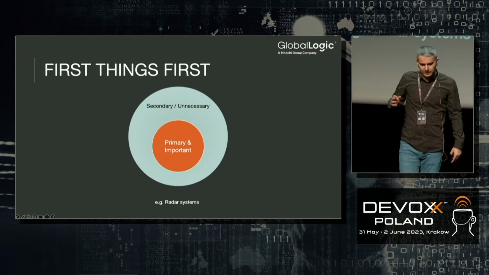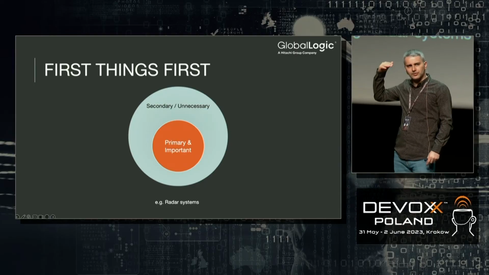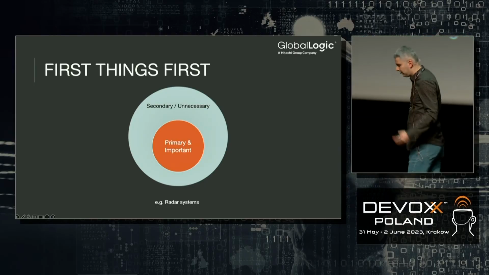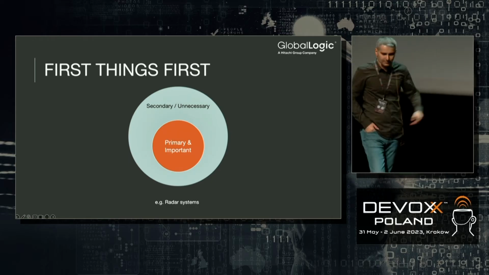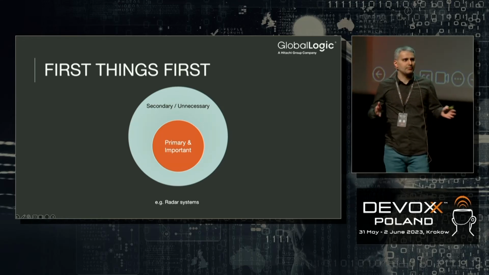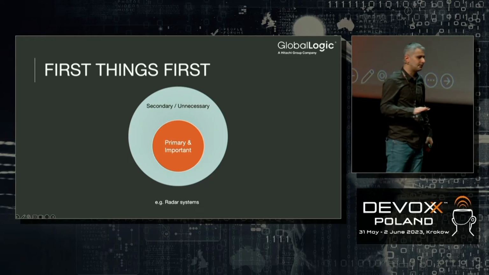First things first, it's more about what we concentrate on. We already spoke about dominant functions, similar things, but what does first things first say? The pattern says, for example, radar systems. A radar system is embedded hardware, and there is a limit of memory for processing. I'm not a radar expert, but I know that it works like this.